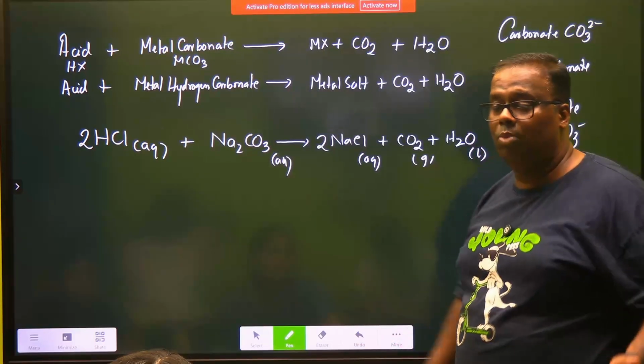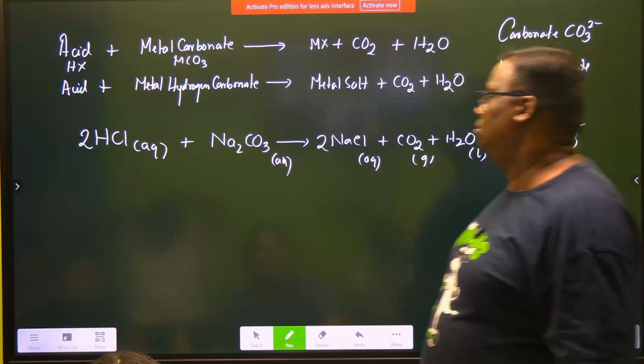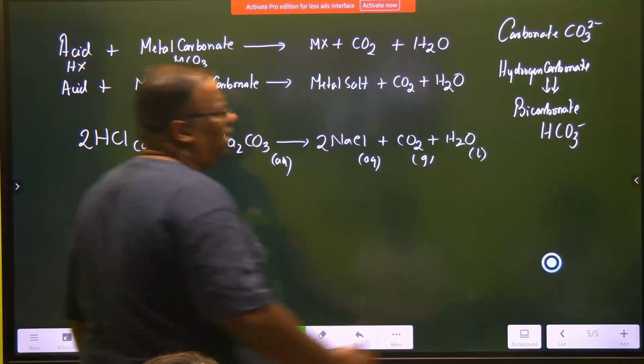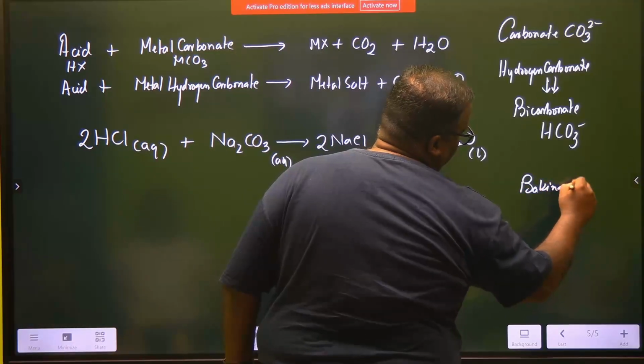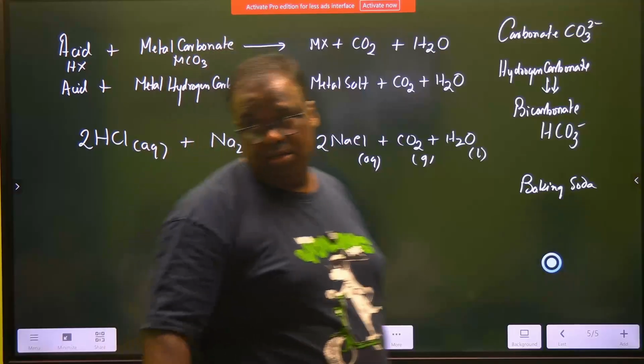This is also known as bicarbonate. Bicarbonate, starting with the letter B. Baking soda starts with B. So it will be baking soda. Keep it written. There's a difference between baking soda and baking powder.